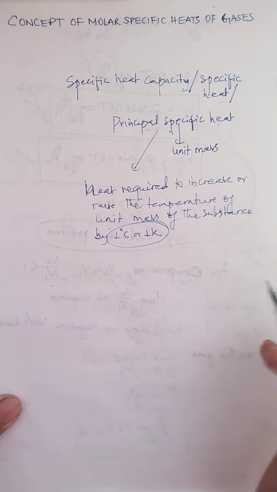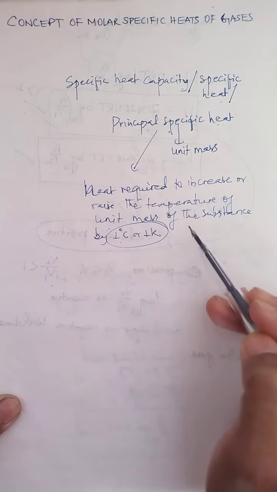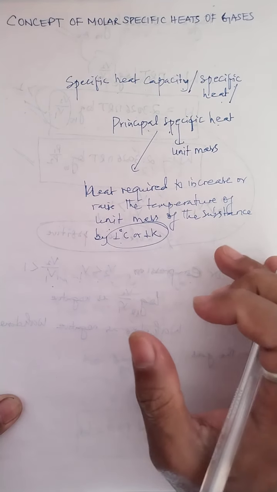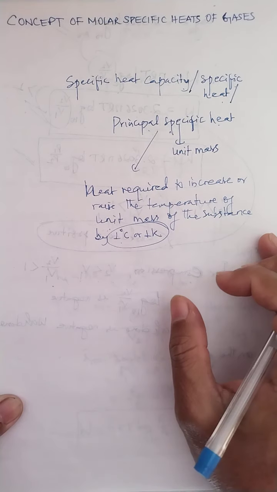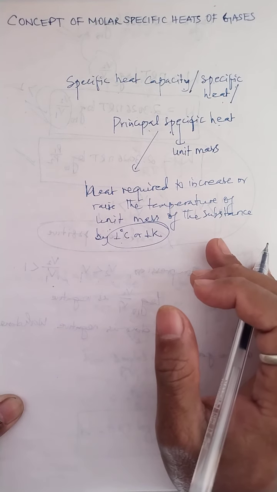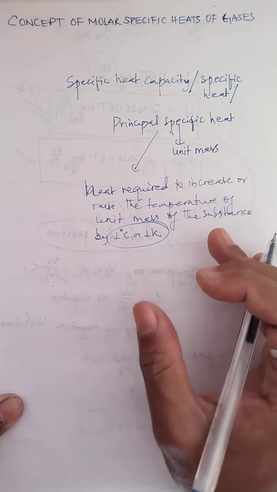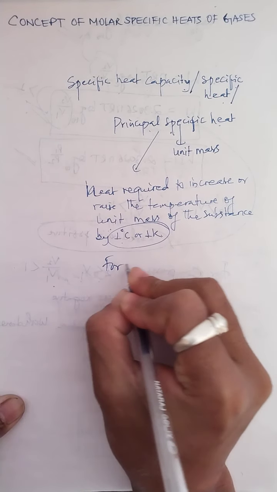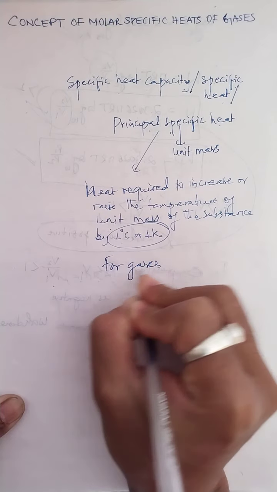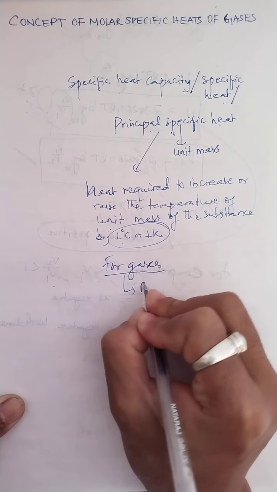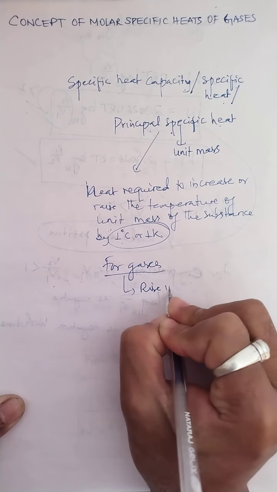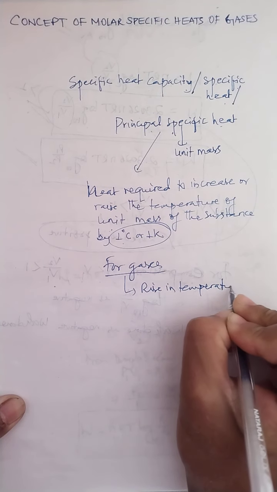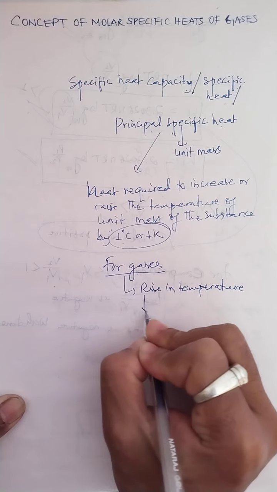Now children, one point you need to keep in mind: the definition I explained just now is sufficient for solids and liquids. But in case of gas, the rise in temperature can be done under two different conditions. For gases, the rise in temperature can be done in 2 ways.